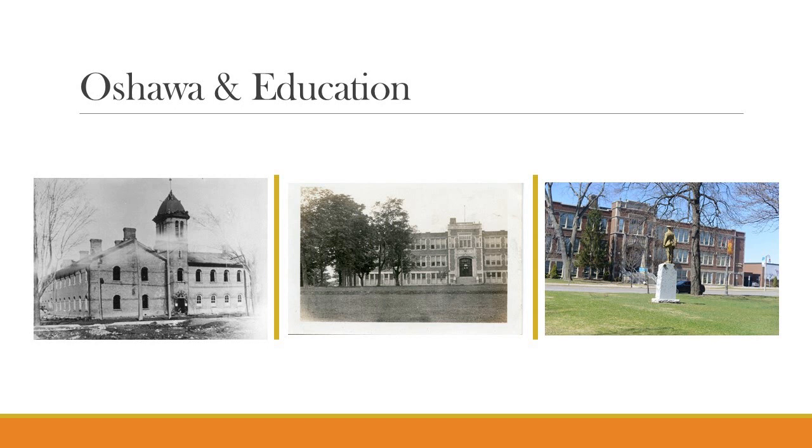It went through a number of phases, most notably when the new high school was built on Simcoe North in 1910, which today we know as O'Neill, and this left the entire Central School, or the Center Street School, for elementary departments. Now, as you can kind of see in the pictures, the building which is currently there was not the original school. The original school went through a number of additions, and around 1920, it suffered a disastrous fire.